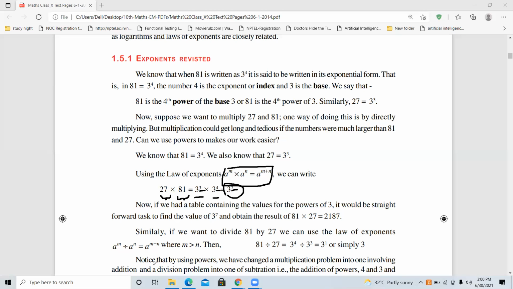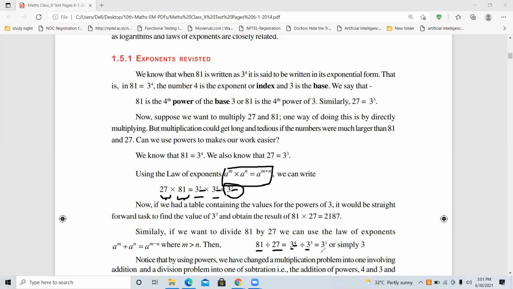The next one is a power m divided by a power n equal to a power m minus n. Let us see with an example. We can write 81 as 3 power 4 in its exponential form and 27 as 3 power 3. Since the bases are equal and they are being divided, the exponents of these numbers will be subtracted.